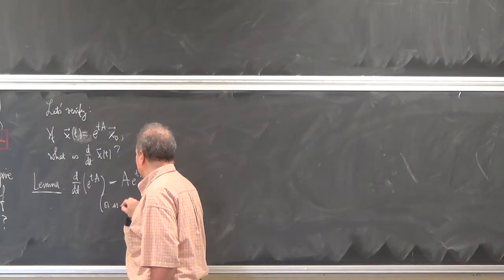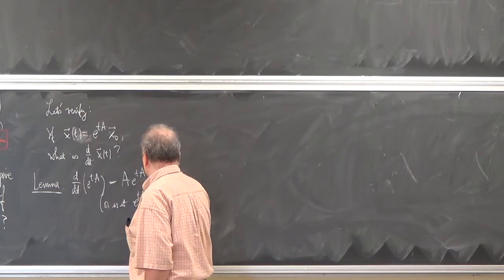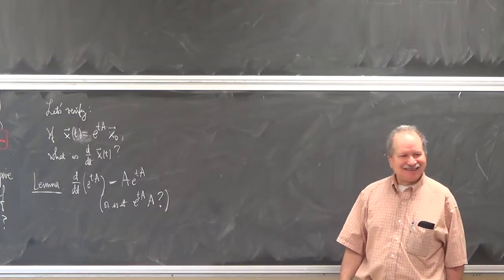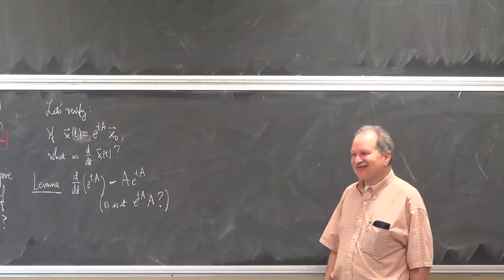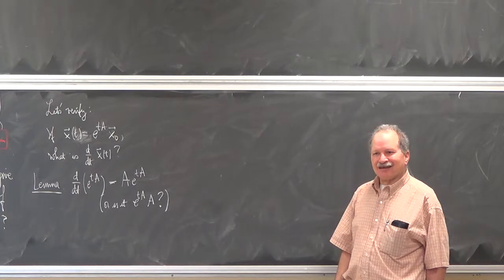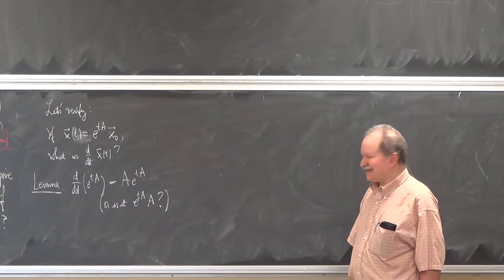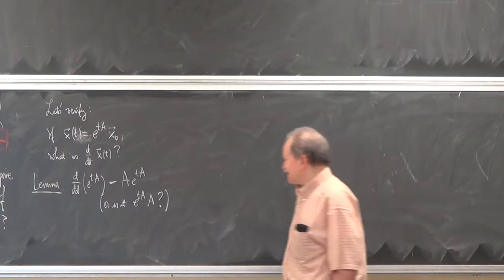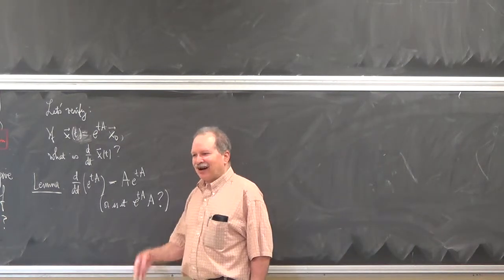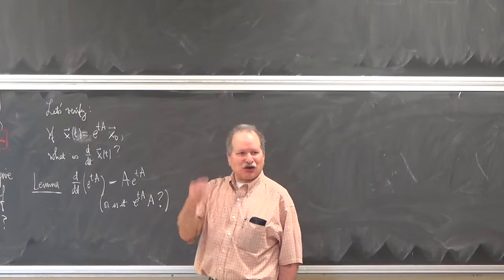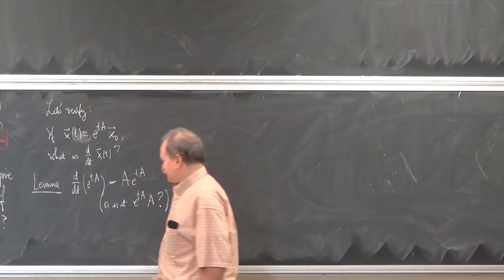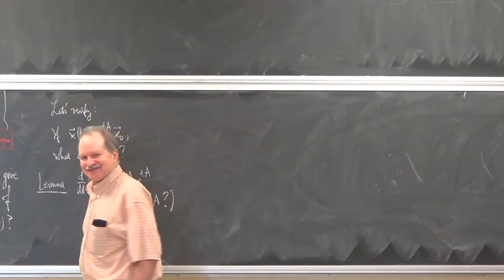Or is it e to the tA times A? Should I just stick them both? Stick on both sides. I think it's the second one, right? Equal opportunity for all matrices. Every day you toss a coin and randomly decide which way you're going to write it? I'm pretty sure it's the second, but I don't really know why.